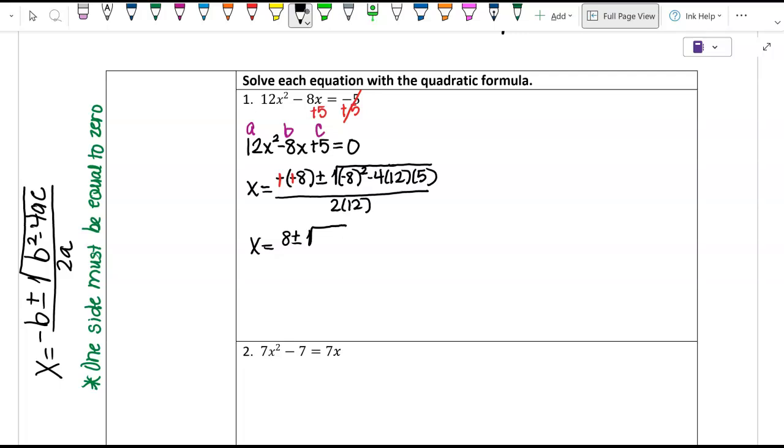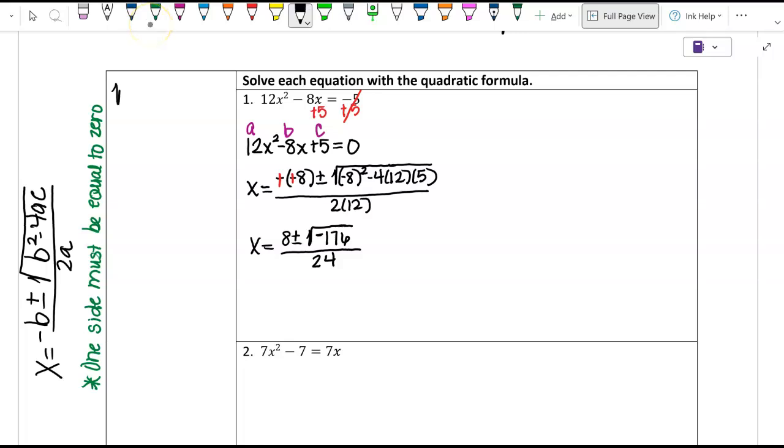And you have to make sure you're putting parentheses, -8 parentheses squared minus 4 times 12 times 5. You should get -176. And then that's going to be all over 24 because 2 times 12 is 24.